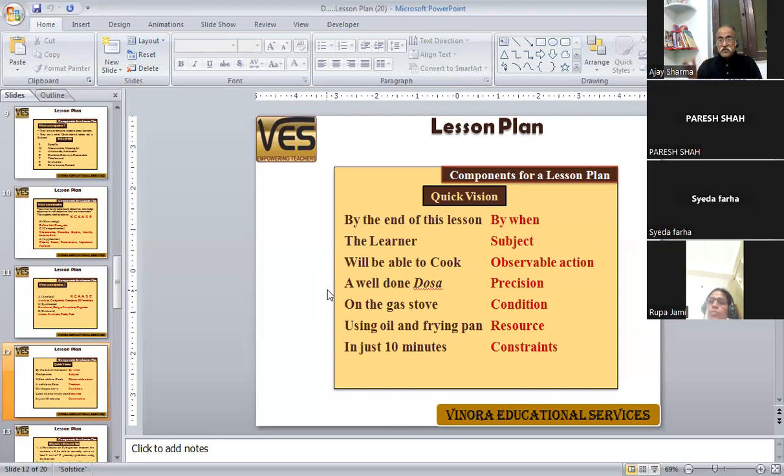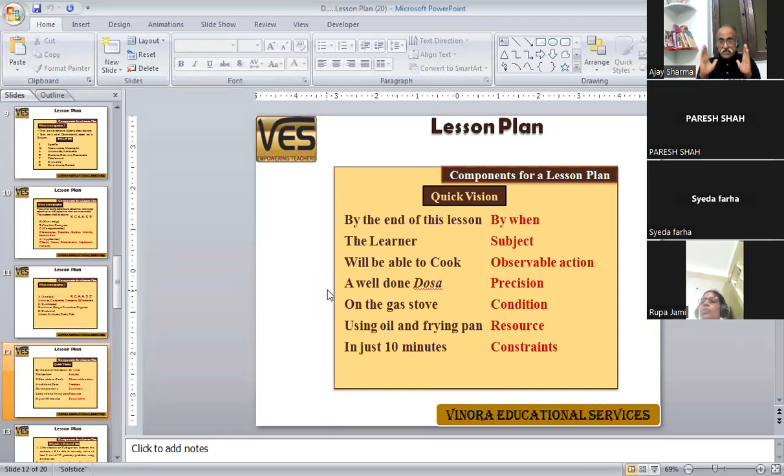Subject is the learner, whom you are teaching, the learners, the students. Observable action: will be able to cook, will be able to mark, will be able to underline, will be able to classify. Depending upon the KCAAAS, just now I discussed, that is, will be able to cook in this example. Then precision, a well done dosa.